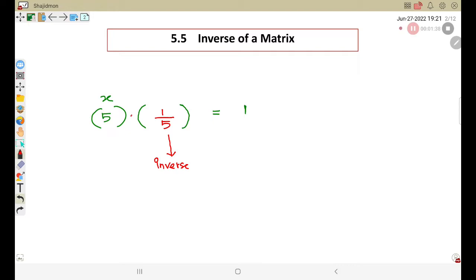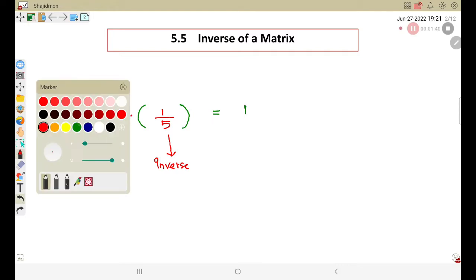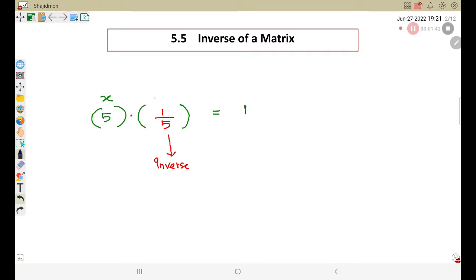When we are multiplying a number x with another number y, x multiplied by y, the answer is equal to 1. So the y number we are calling the inverse of the first number, or we can represent it as x inverse, x power minus 1. So x inverse is 1 over 5.